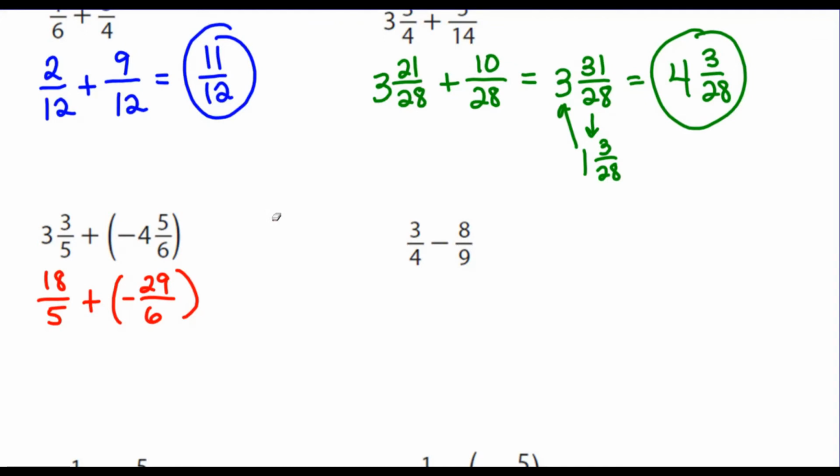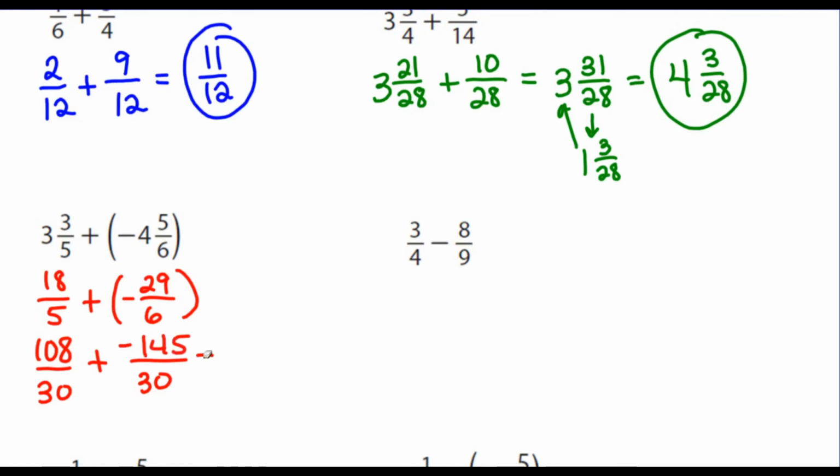I need to find the common denominator of 5 and 6, and that would be 30. So I need to rewrite these fractions with a denominator of 30, and 5 times 6 is 30, so 18 times 6 is 108. And then 6 times 5 is 30, so 29 times 5 is 145, and this is negative 145.